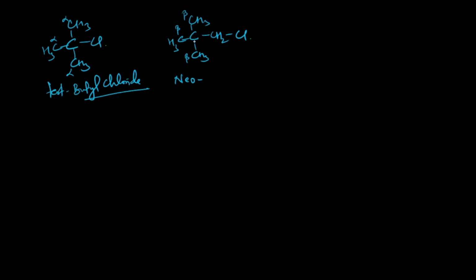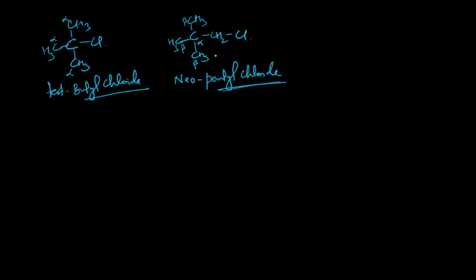This is alpha, and these will be beta, beta, beta. So this alpha carbon is having 3 beta carbons. So we call it neopentyl chloride.